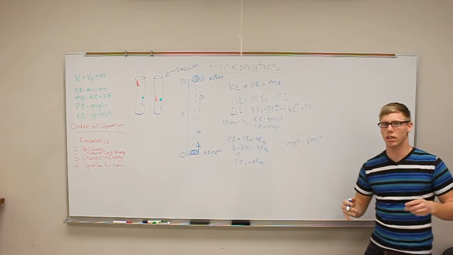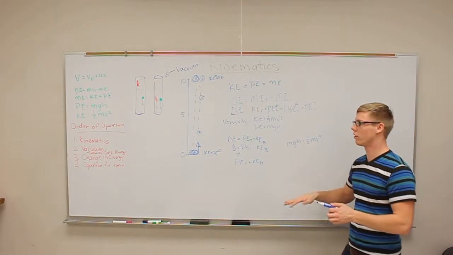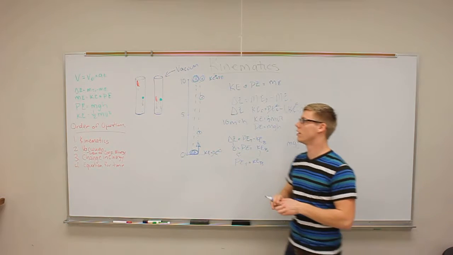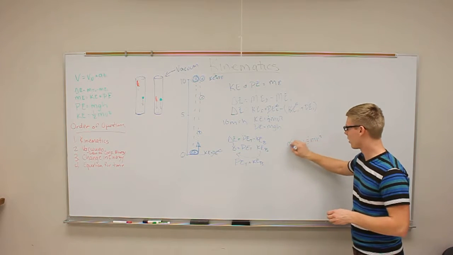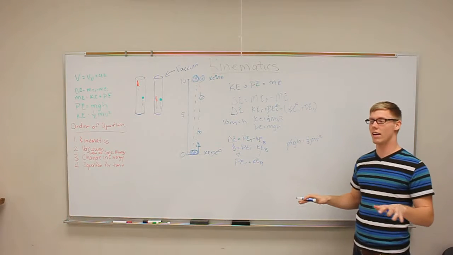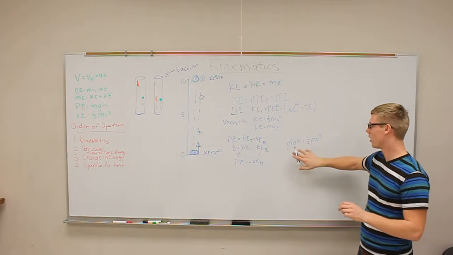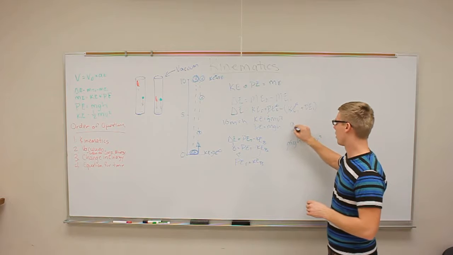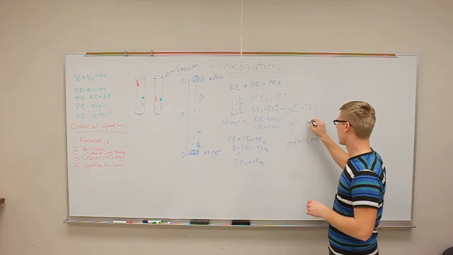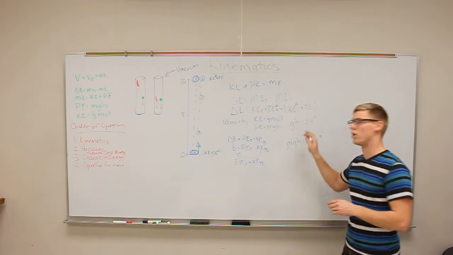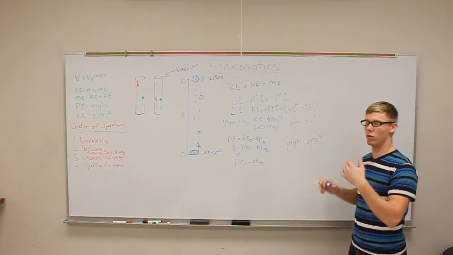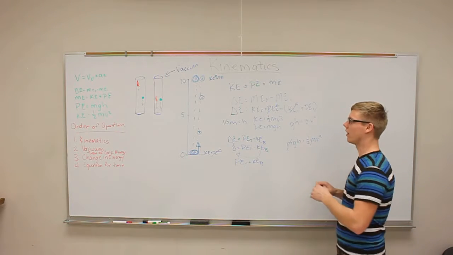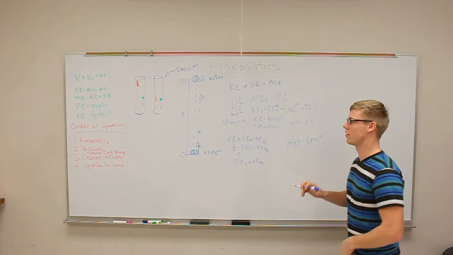And this is where the vacuum comes into play, because in a perfect world the masses cancel, and this is totally irrelevant to the mass. Every object would fall at the exact same rate, no matter what. However, we don't live in a perfect world, and we'd have to calculate the air resistance.